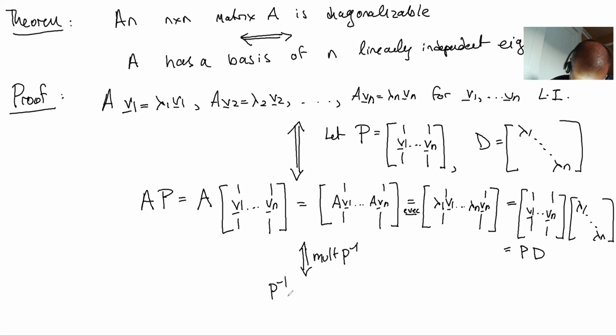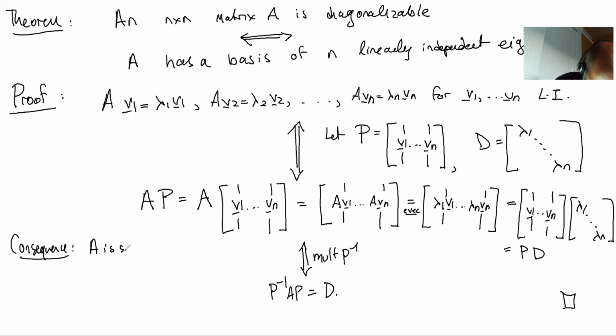You get P inverse AP equals D. So that's the proof. And the proof tells you what the similarity is. The P in the similarity is the matrix of eigenvectors, and D is the matrix containing the eigenvalues. Right? So the proof actually tells us a consequence.